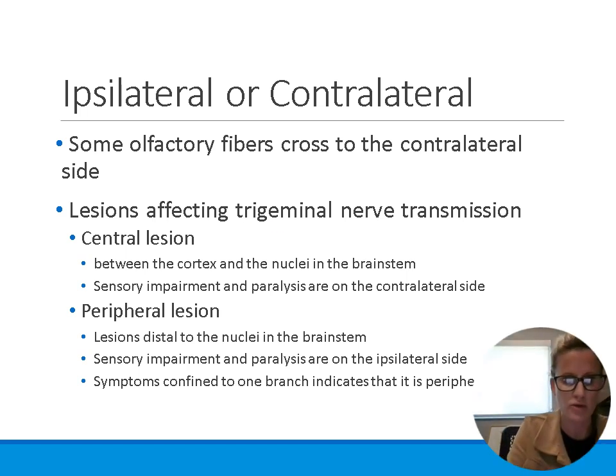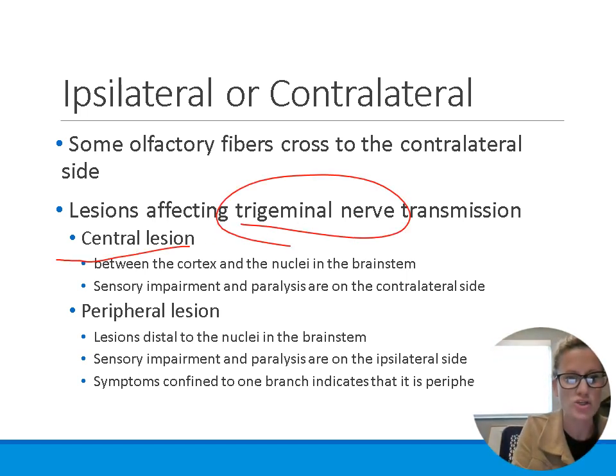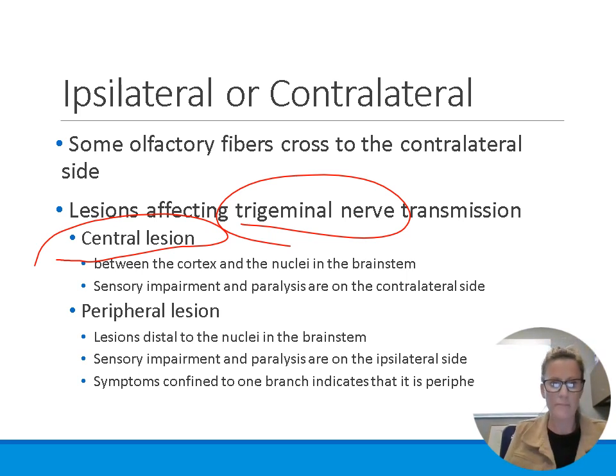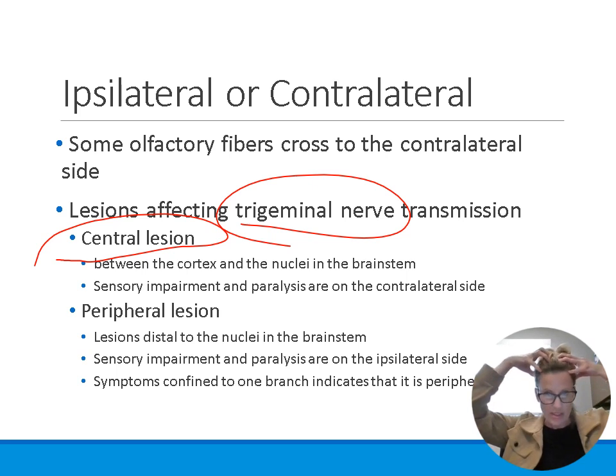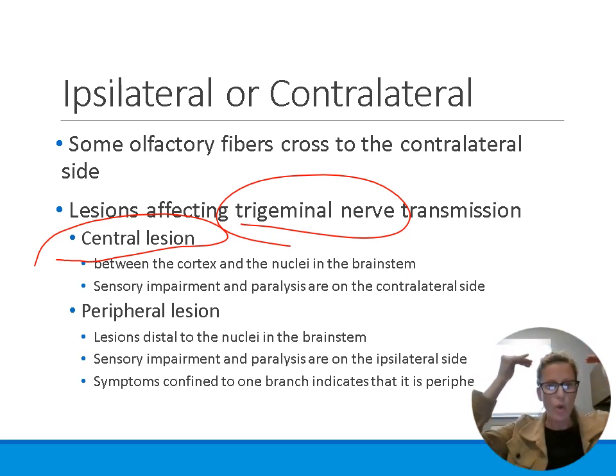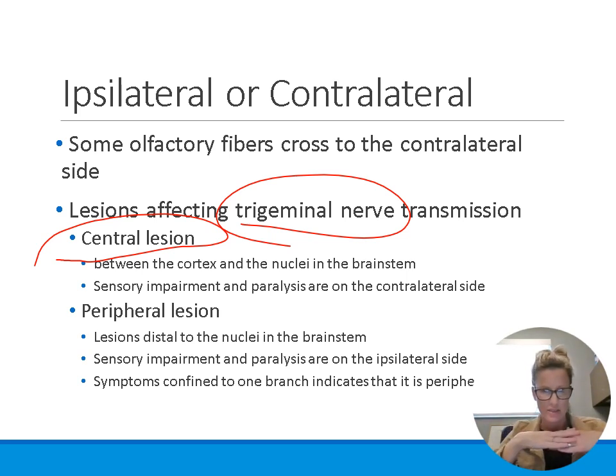So for trigeminal nerve transmission, central lesions, we're talking about a lesion either in the cerebral cortex, a cerebral lesion in the cortex, or anywhere down until we get to the nuclei in the brainstem.